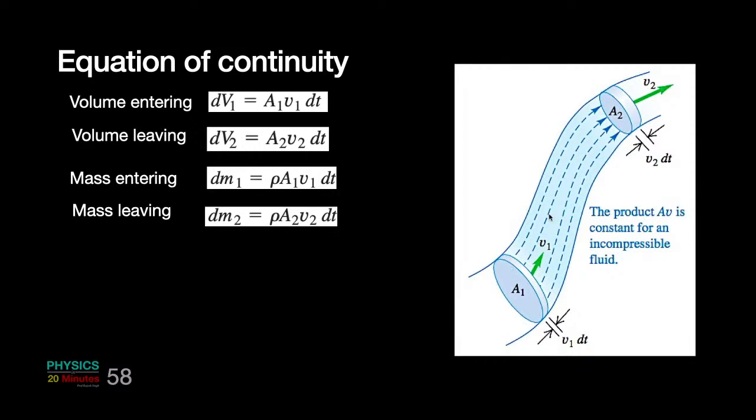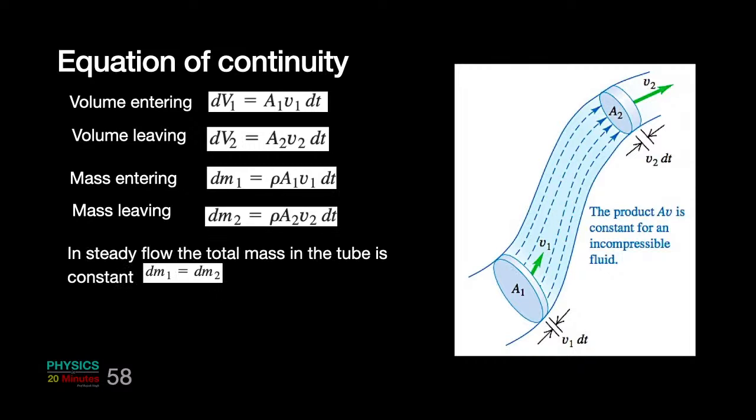There is no change in the rate of flow. In that case, the amount of mass that enters has to be equal to the amount of mass that is leaving per unit time, or in time dt, whatever time interval you choose. The amount of mass entering has to be equal to the amount of mass leaving.